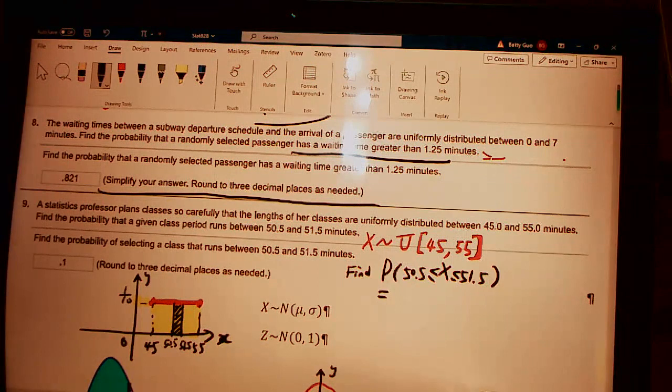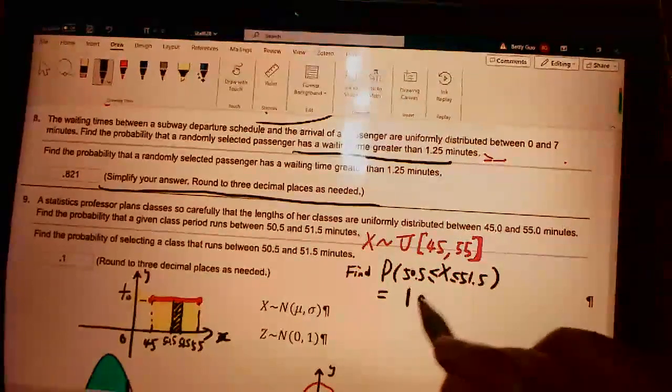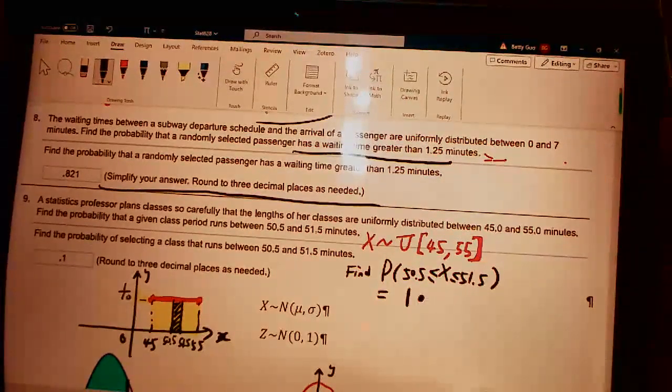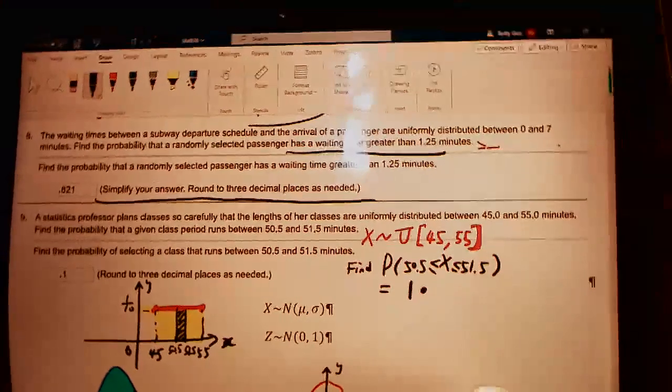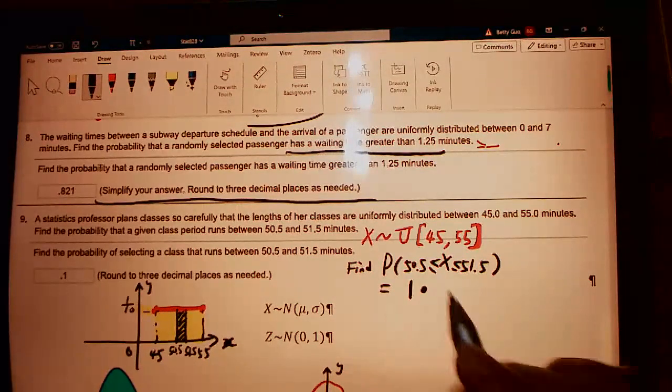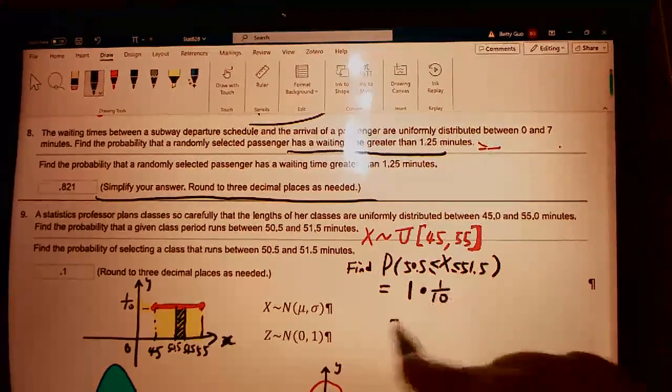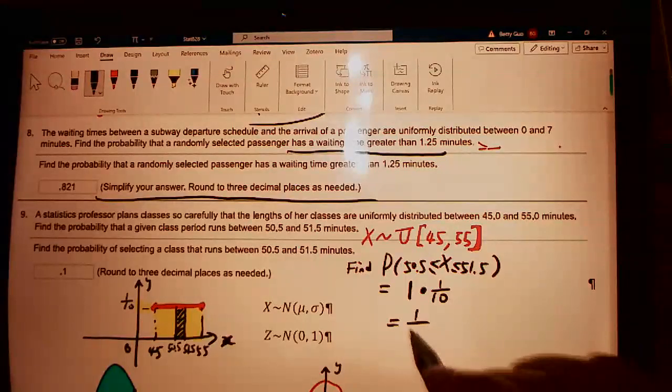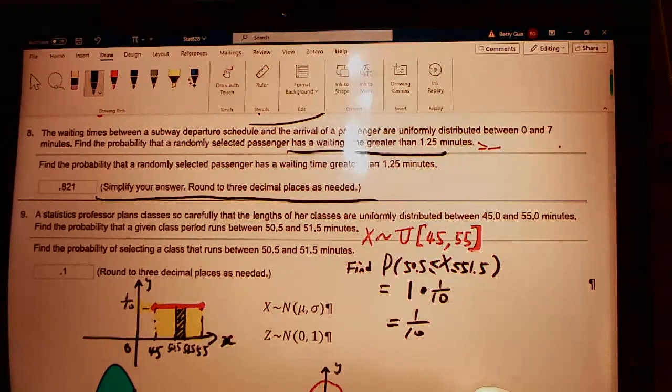Yeah, thank you, Kelly. The base is 1. What is the height? 1 over 10. Very good. So the probability is 1 times 1 over 10, or 0.1, right? And that's it.